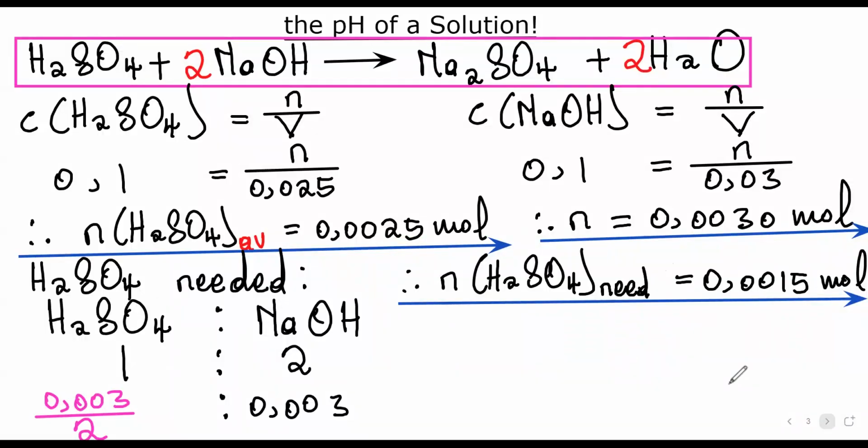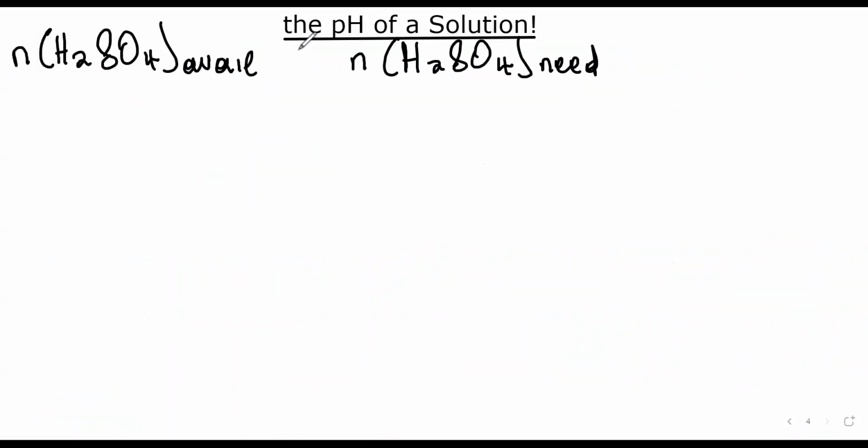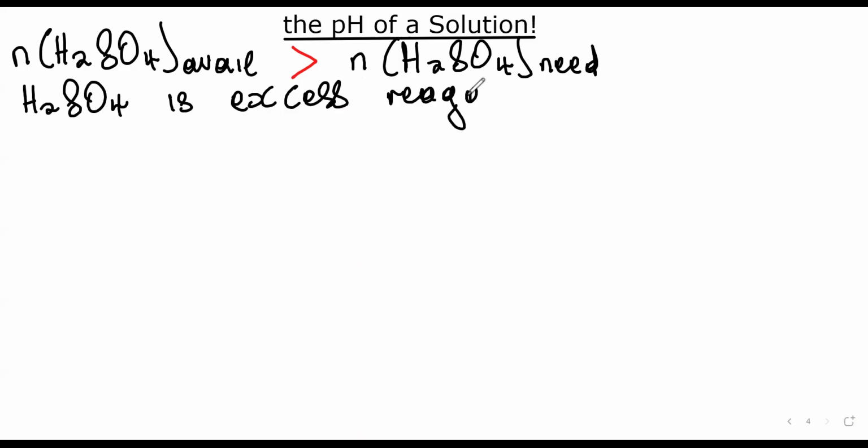So we can see very clearly that what I have is more than what I need, which means that the sulfuric acid is the excess reagent. We needed the excess reagent, not really the limiting.